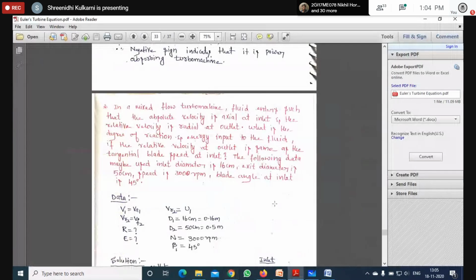See, in this problem, please understand the statement. They have given that it is a mixed flow turbo machine. So fluid enters such that the absolute velocity is axial at inlet and the relative velocity is radial at outlet.